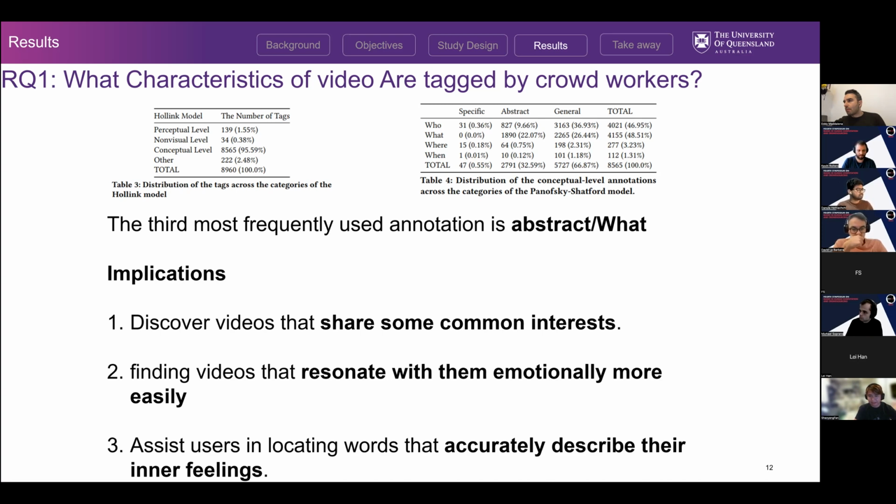Many different kinds of abstract annotations, for example, show how sentiment search could be used. People can also use those annotations to improve their viewing experience to find the video that makes them feel something in common. Also, the abstract annotations can help people to find a word that describes what they really feel.